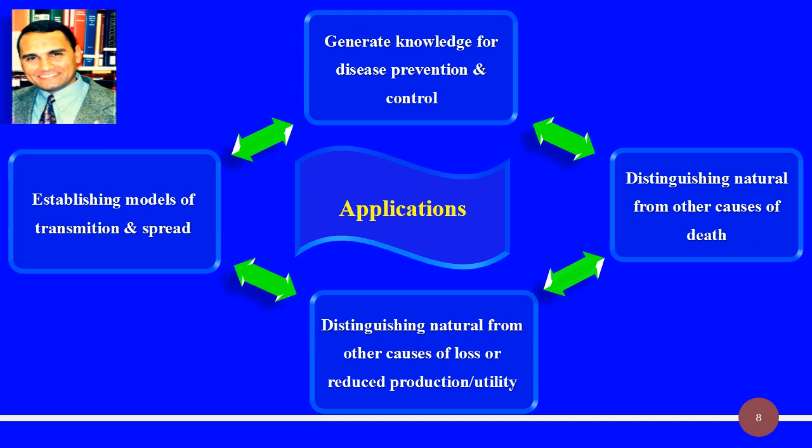But in general, we say that if one cow has mastitis once in its life, it loses about 25% of its production.